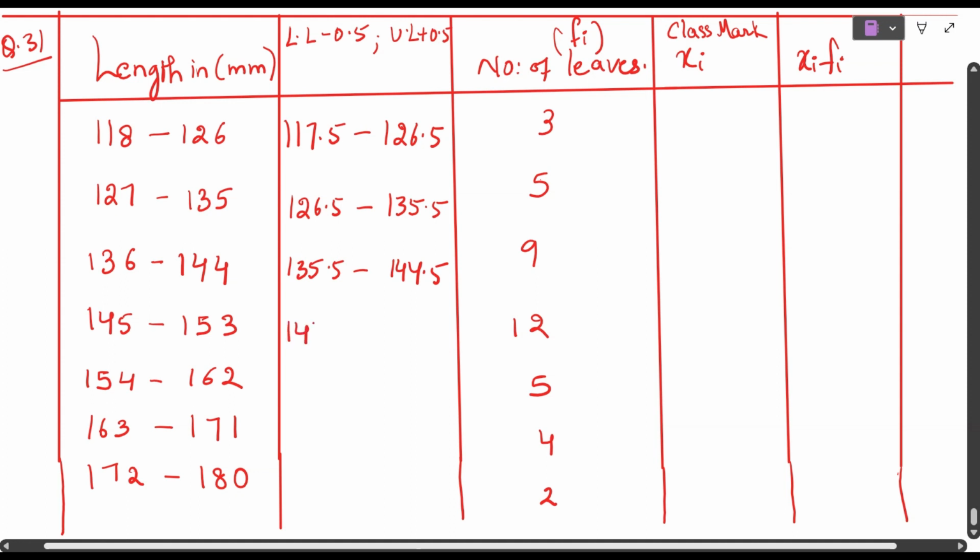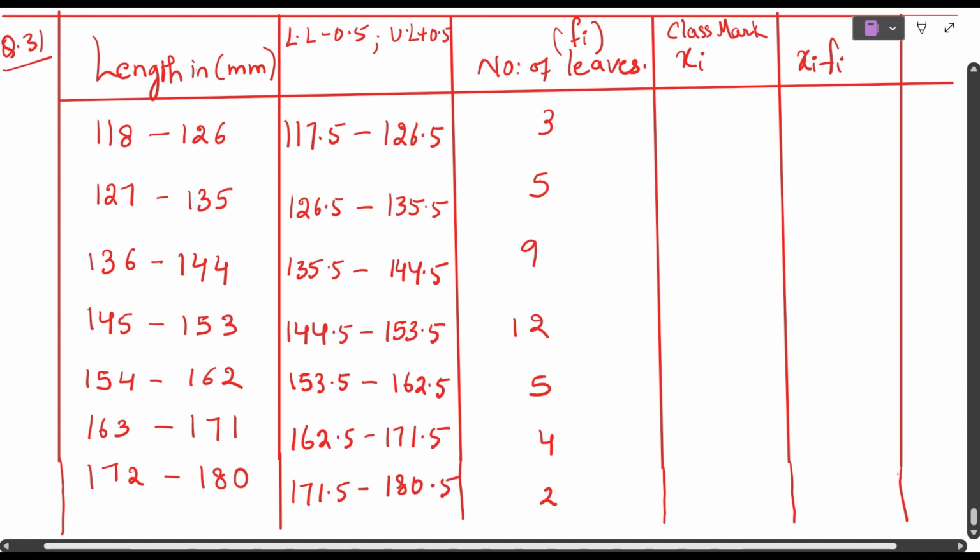Here 144.5 to 153.5. 153.5 to 162.5. 162.5 to 171.5 and 171.5 to 180.5. Understood? Now we have to find the class mark, that is xi, for these exclusive class intervals.